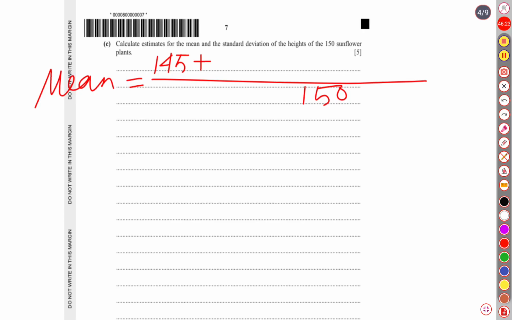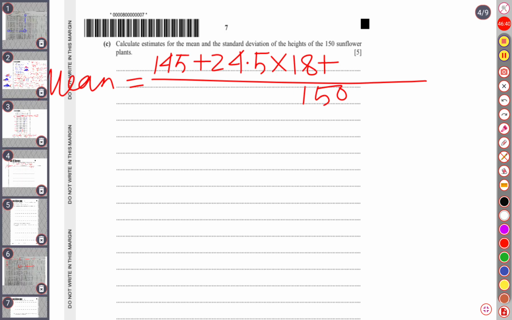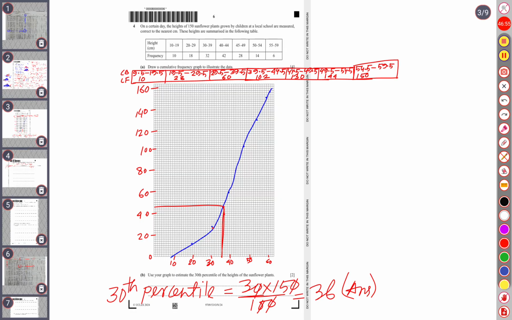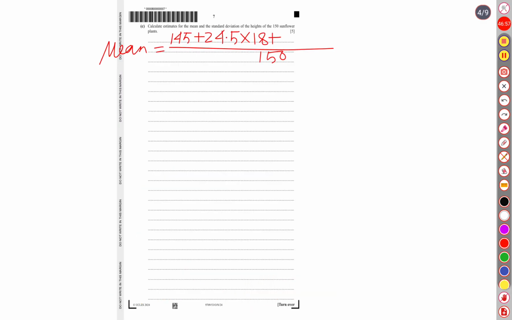24.5 into 18 plus the next class width. Next class width is 32 and 39, that is 71... it's 69, so it is 34.5 into 32. 34.5 into 32.